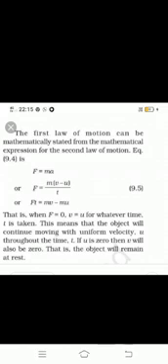So in both cases, if F equals 0, the object, whether at rest or in motion, remains in the same state. This way we can prove the first law of motion.